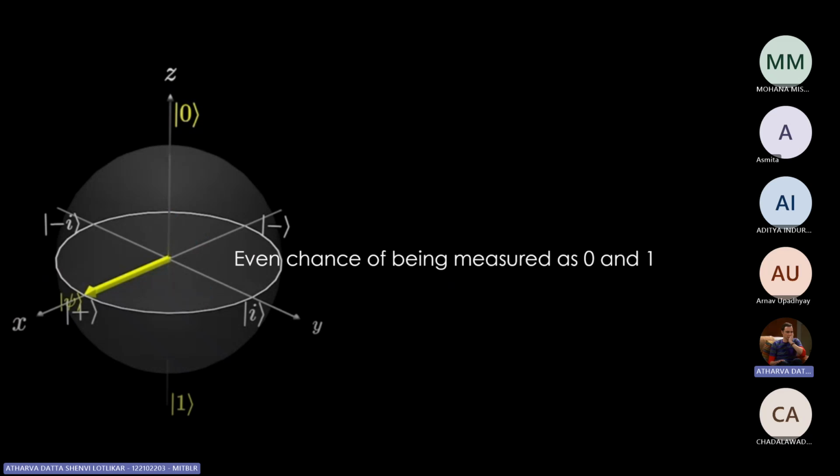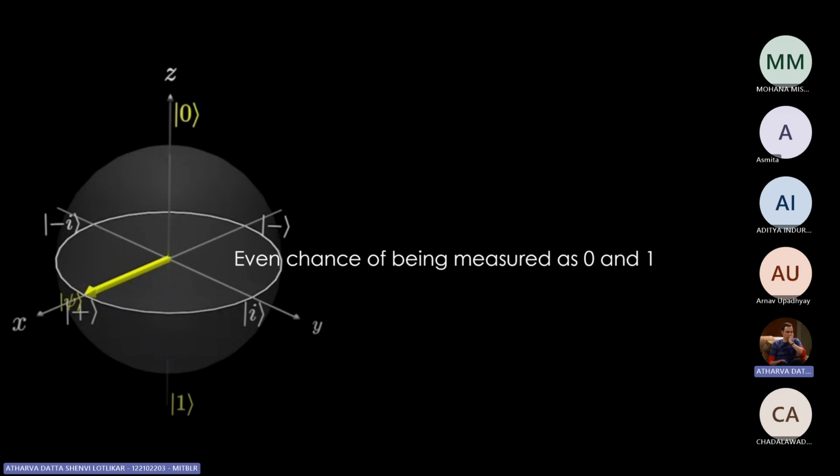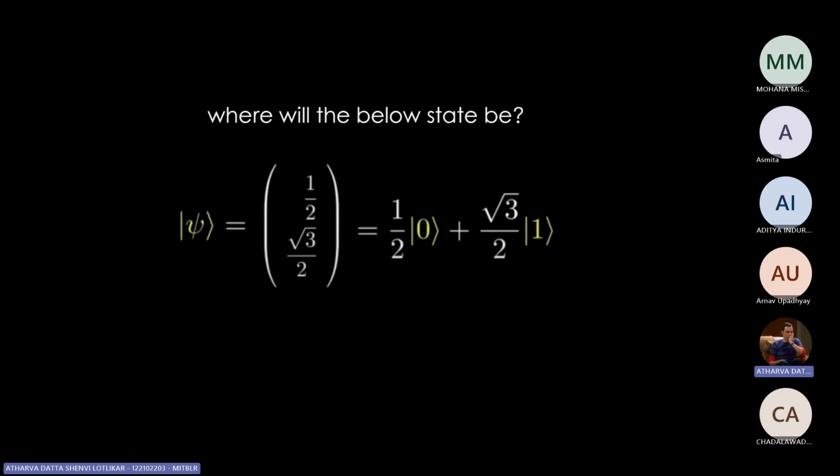Now, why do we need these phases here, which is your y-axis and your x-axis? That I'll come to later, but for now, this is just the basic representation. Again, where will this state be, where you have a half and root 3 over 2? If you square it, it's 1/4 and you have 3/4.